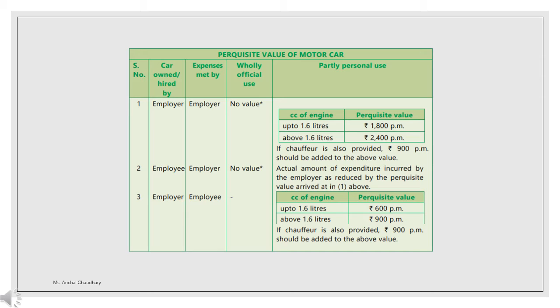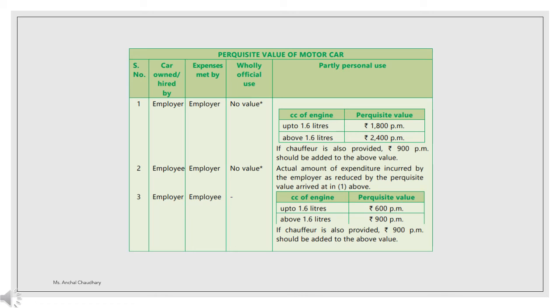And third is when the car is owned by the employer and expenses are met by the employer, sorry, employee. So in that case, if it is used for personal use also, then if the car is up to 1.6 liter cc engine, the value of perquisite will be 600 per month. And if it is above 1.6 liter, then the value of perquisite will be 900 per month.